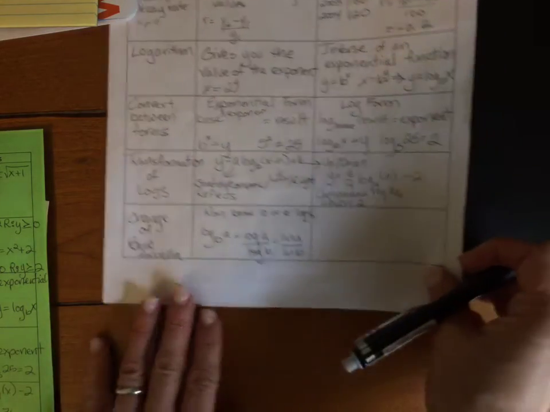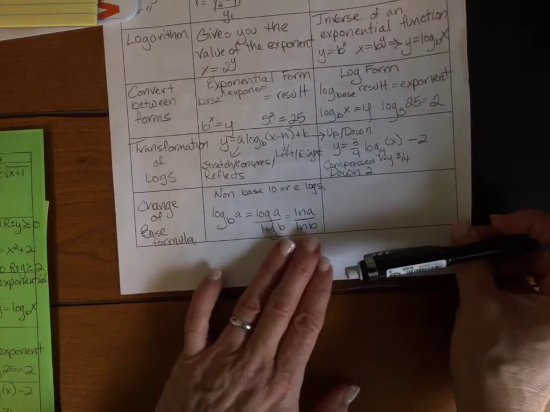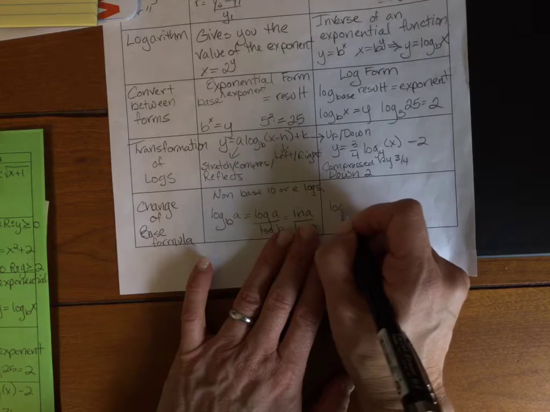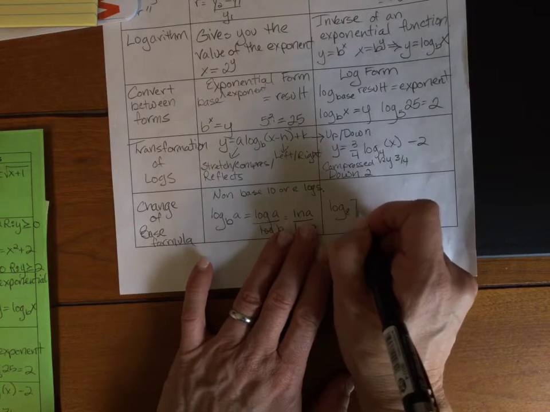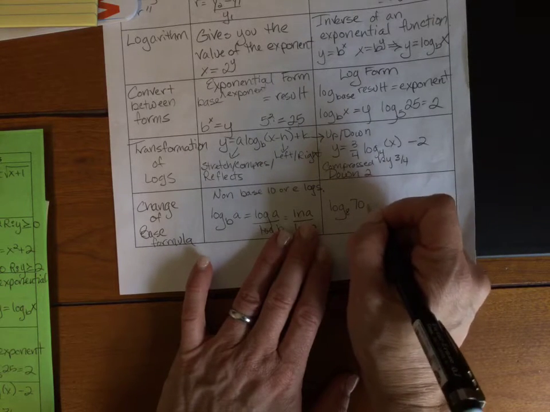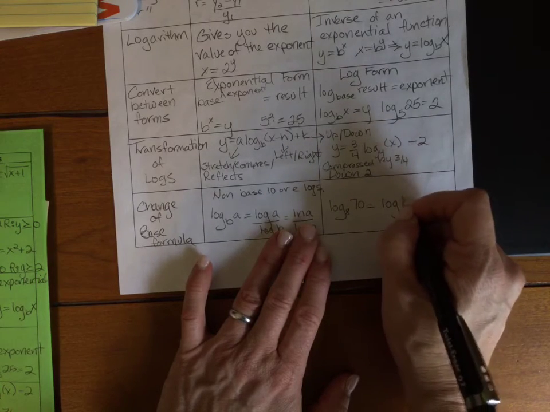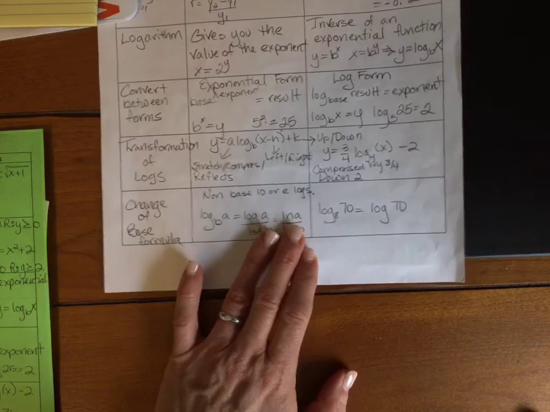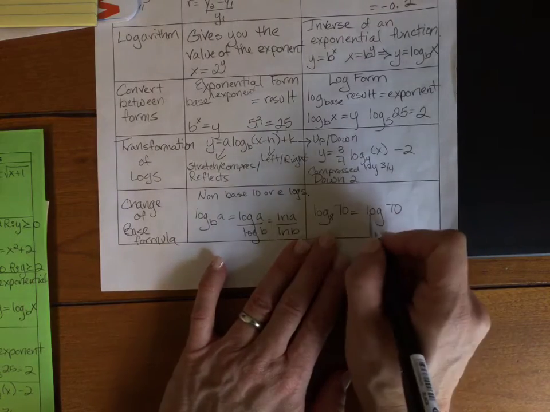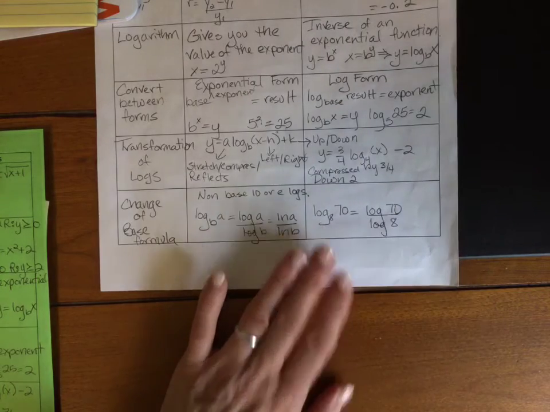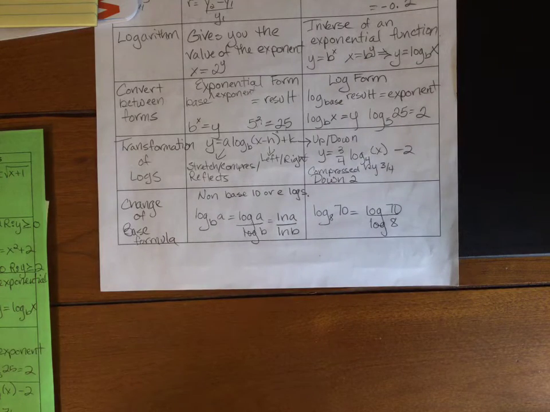All right, so if we had an example, we would have log base 8 of 70. So I would take the log base 10 of 70. So I just write log 70, and I'm going to divide that by log of base 8, log of 8. It's also base 10.